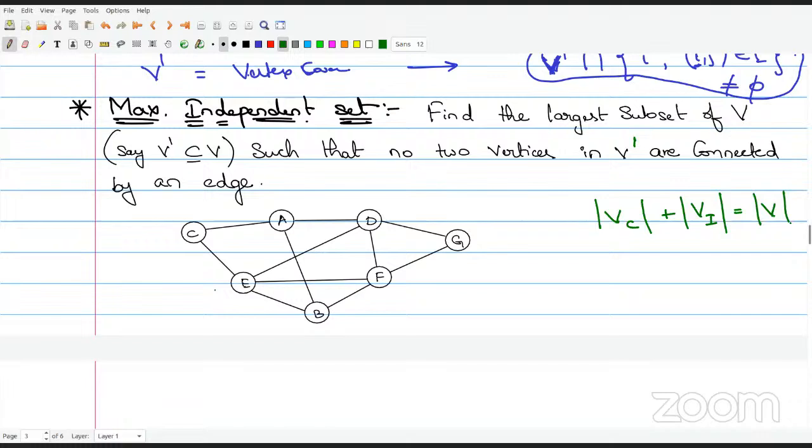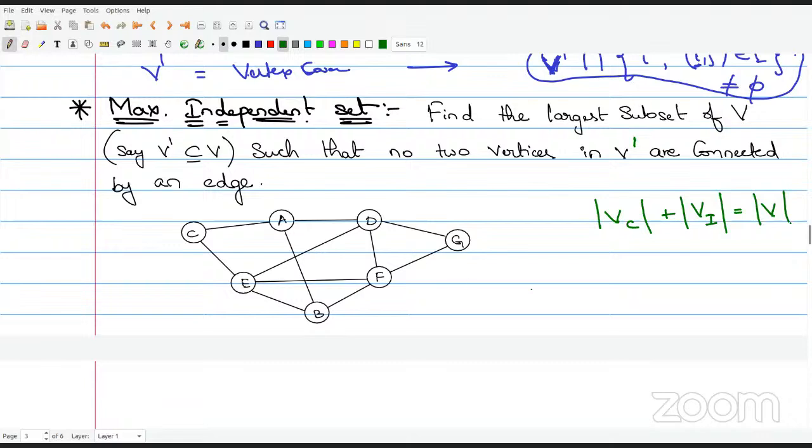I have to pick such vertices so that if I pick any two vertices from that set, they shouldn't have an edge connecting them. It's an independent-to-each-other case.